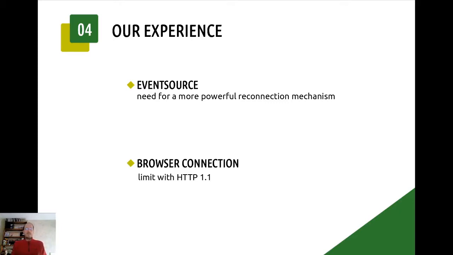This means that a reconnection mechanism is needed because networking is unreliable by nature. We also had to find a solution to work around the limitation of the number of concurrent HTTP connections to one domain when using HTTP/1.